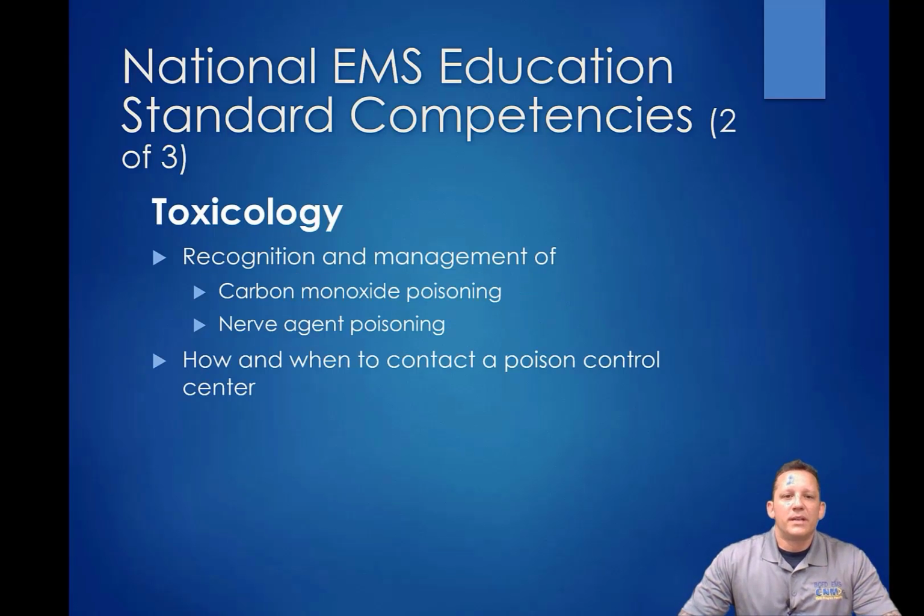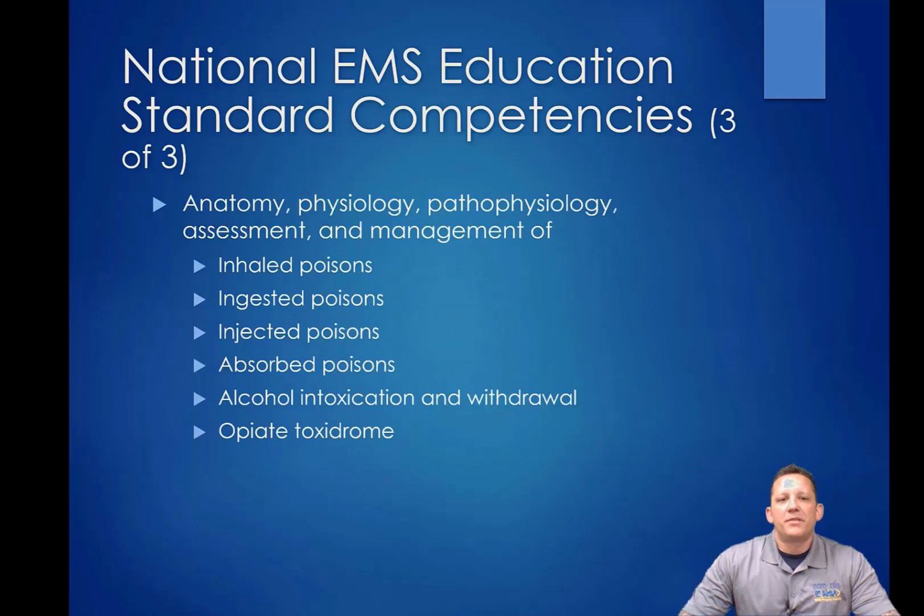Some of the things we'll be reviewing are recognition and management of carbon monoxide poisoning, some nerve agent poisonings, how and when to contact a poison control center, and the anatomy, physiology, pathophysiology, assessment, and management of inhaled, ingested, injected, and absorbed poisons, alcohol intoxication and withdrawals, and opiate toxidromes.